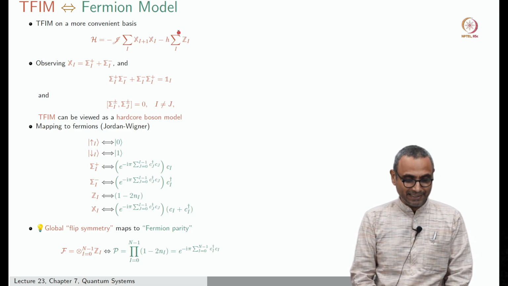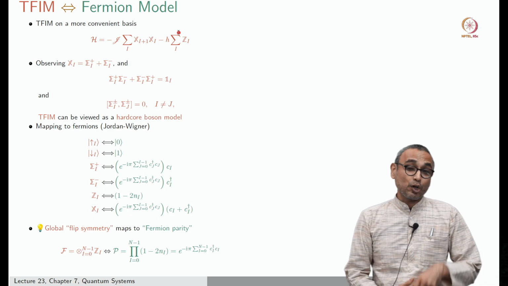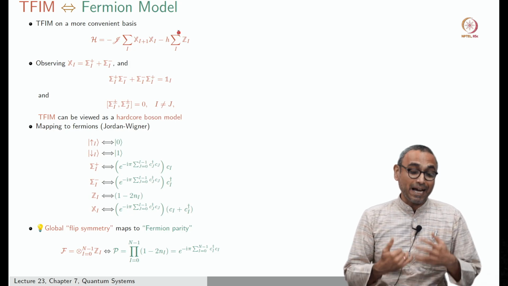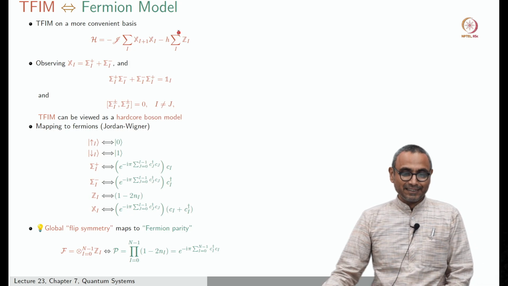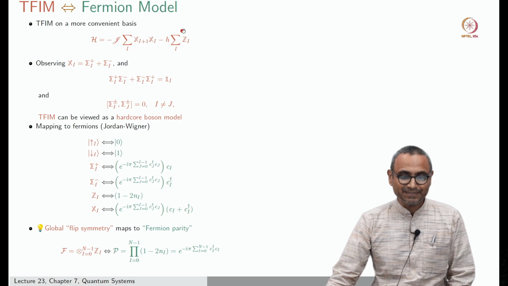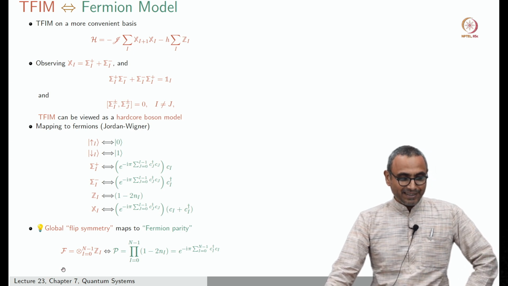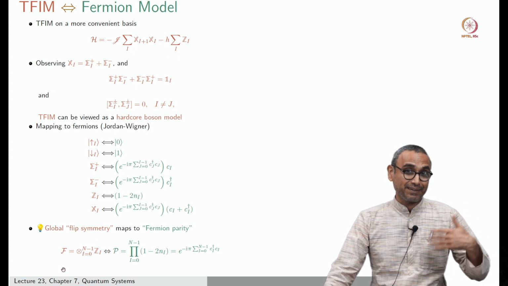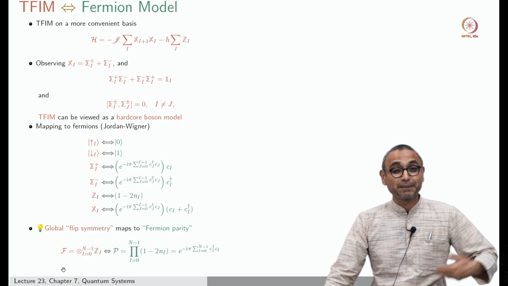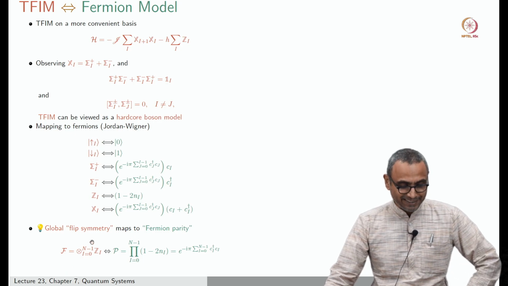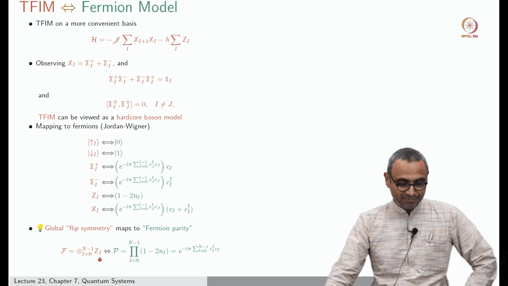Hamiltonian to Hamiltonian, etc., let us also revise what happens to the symmetry. In this basis, where we have written the transverse field using the Z operators of the qubits, the global Z2 flip symmetry of the transverse field Ising model is described by the product of all the Z operators.